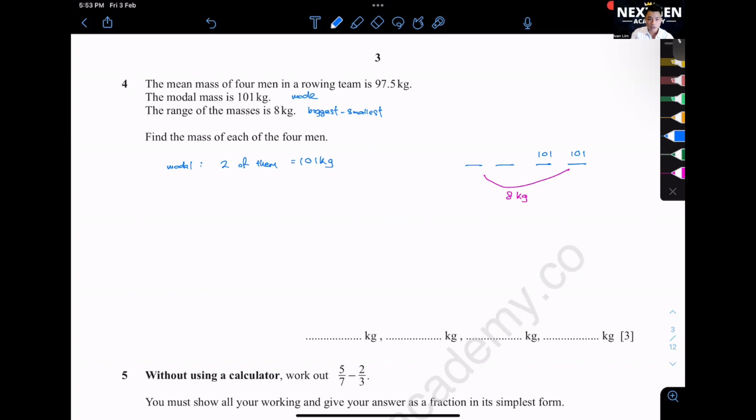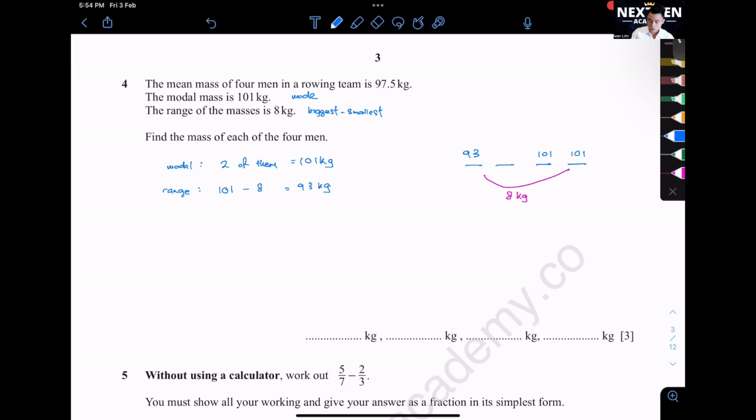Actually, we don't know. We just try first. Then the range: you take the biggest minus the smallest. So 101 minus 8, you'll get 93 kg. Let's fit 93 kg here.